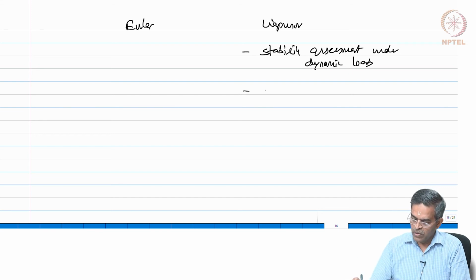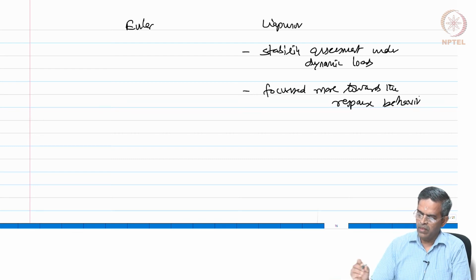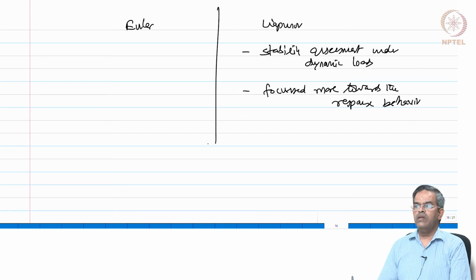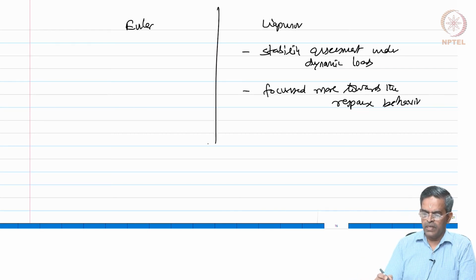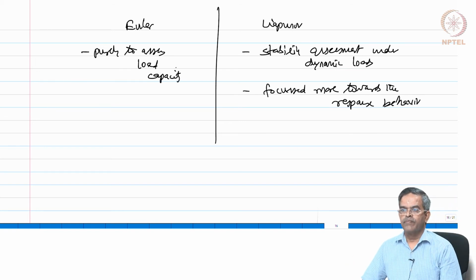So, it is focused more towards the response behavior, whereas Euler's condition is purely to assess the load capacity. So, that is a quick comparison we have.